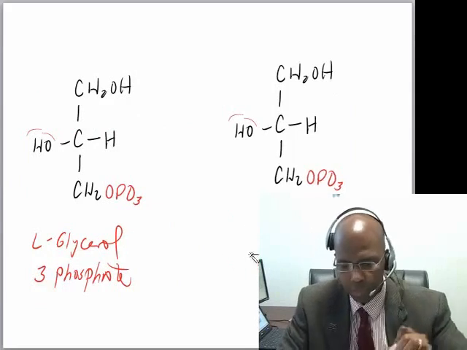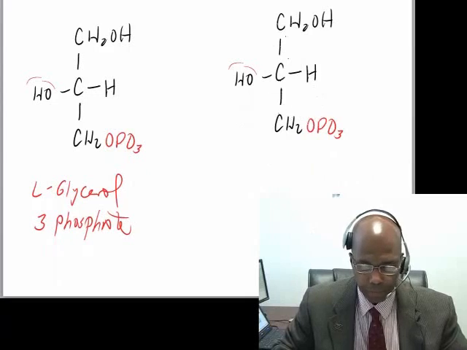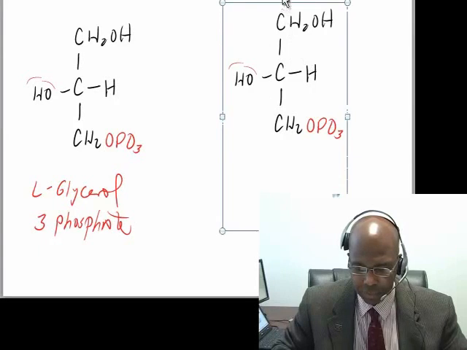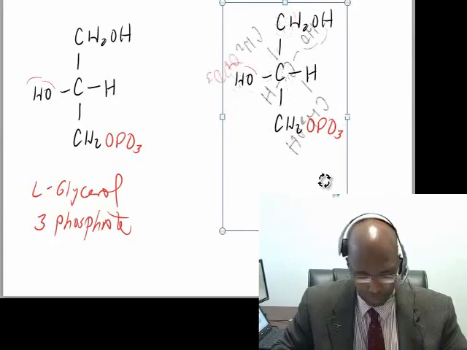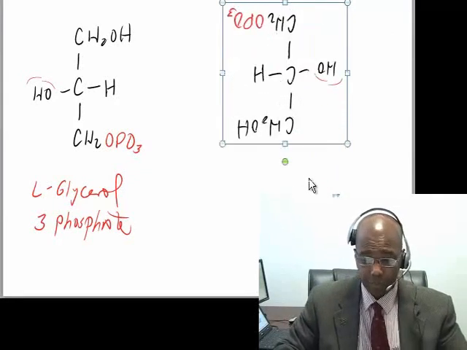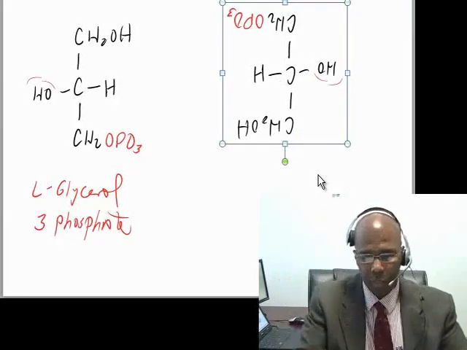And so here we have L-glycerol 3-phosphate. And I'm going to take this glycerol and flip it over. I'm just flipping it over, so it's the same molecule, I'm just turning it 180 degrees.